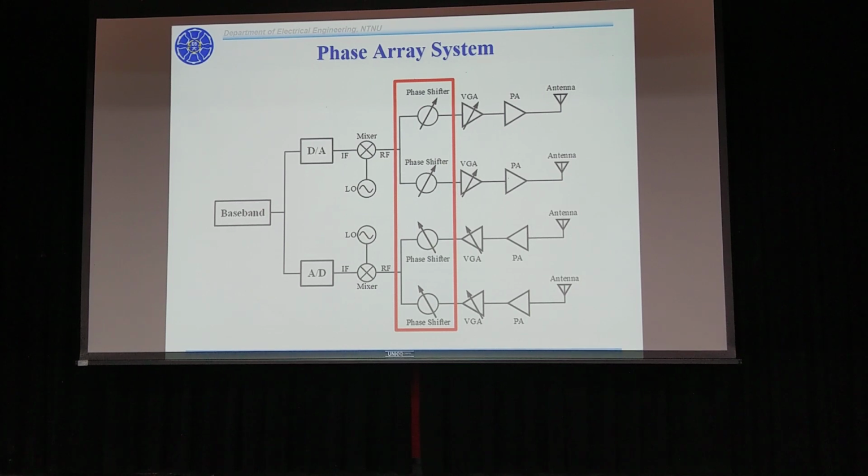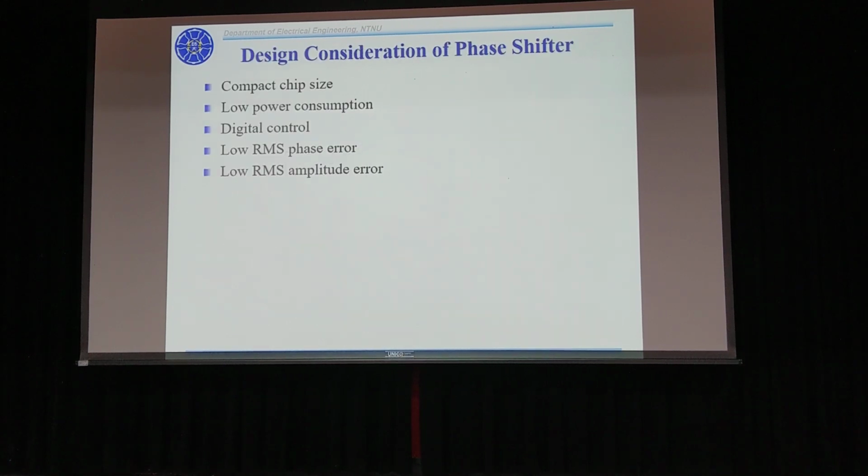the noise. In this link, there are amplifiers that cause large power consumption. We need a lower power consumption phase shifter to decrease the overall power consumption. As stated in the preface, we need to design a small size chip to have enough space for putting the elements into the phased array system.